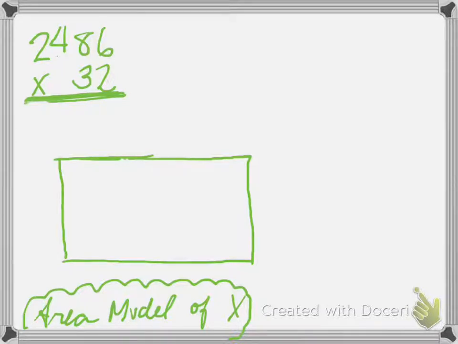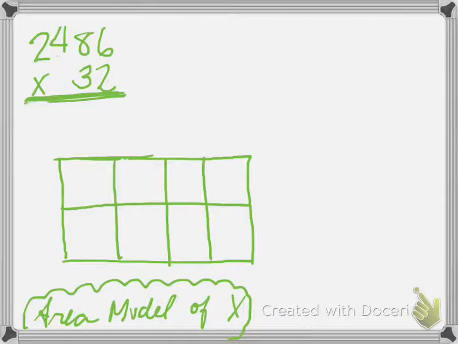I'm going to make myself a 4 by 2 rectangle. Down here, I've already started the rectangle. I'm going to split it up into 4 by 2. I'm going to make this box a little bit bigger for writing purposes.